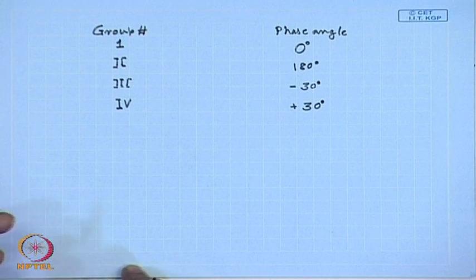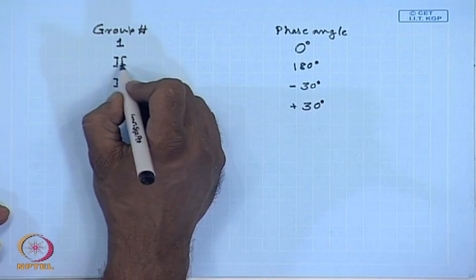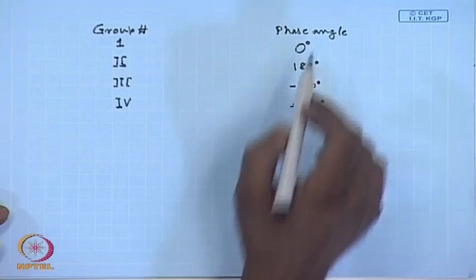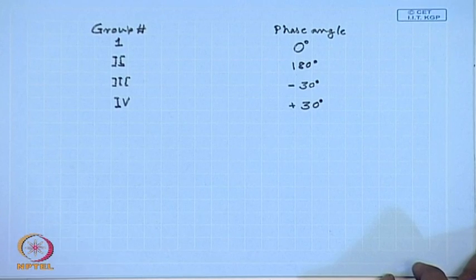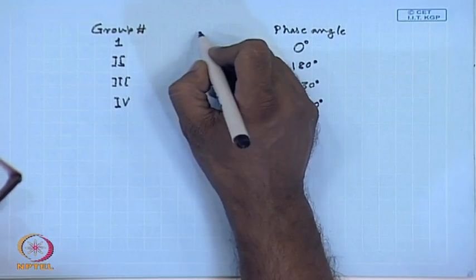In many cases, particularly in older installations, this phase angle is indicated by a clock number.